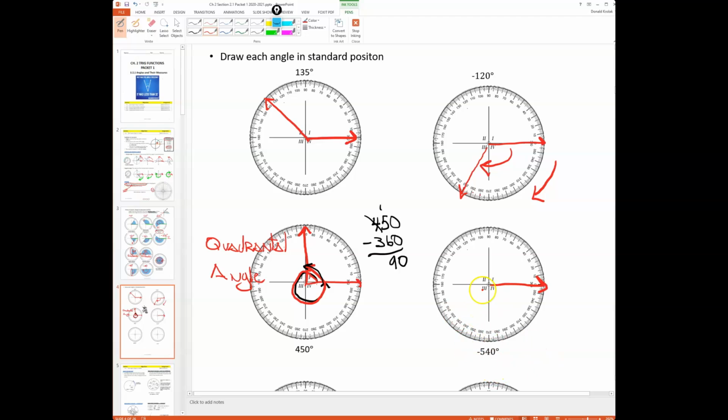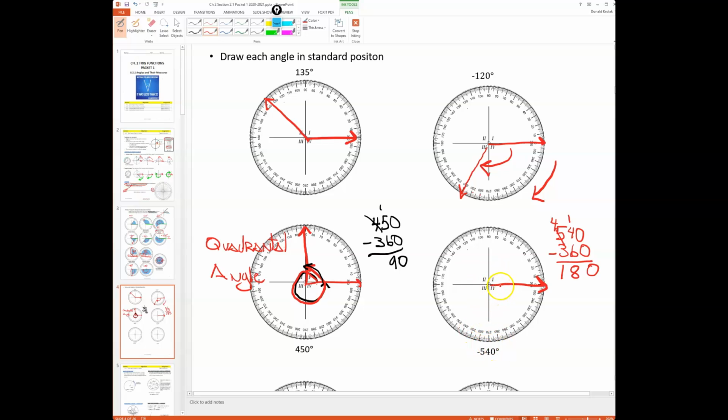Right? Now negative 540 degrees. If we went clockwise one rotation, that's 360, and we've got to figure out how many more degrees we need to go. So we need to go another 180 degrees.